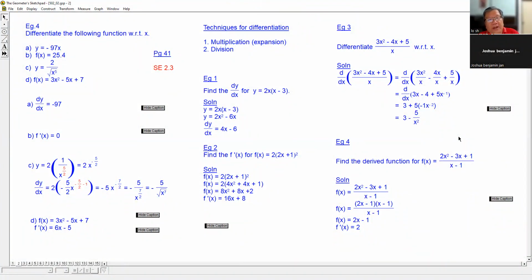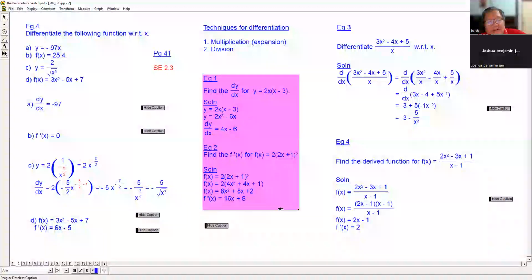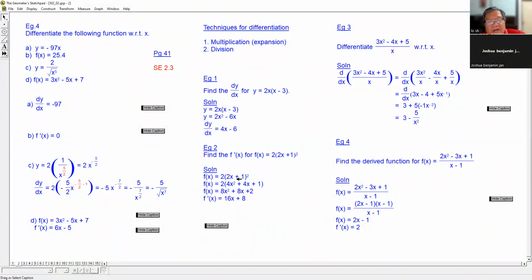Okay, so far what I've been showing you is if there is bracket, which is called multiplication, you have to open the bracket. You have to expand them like this. But if it is not bracket, if it is division, like this, 1 at the numerator, 1 at the denominator, you cannot differentiate one by one like that.